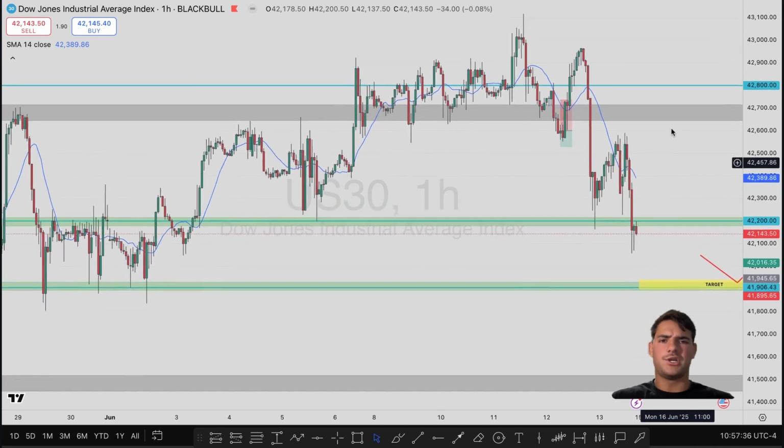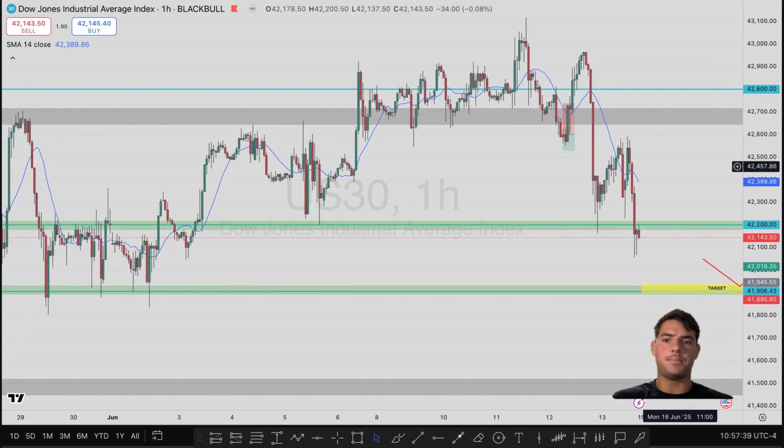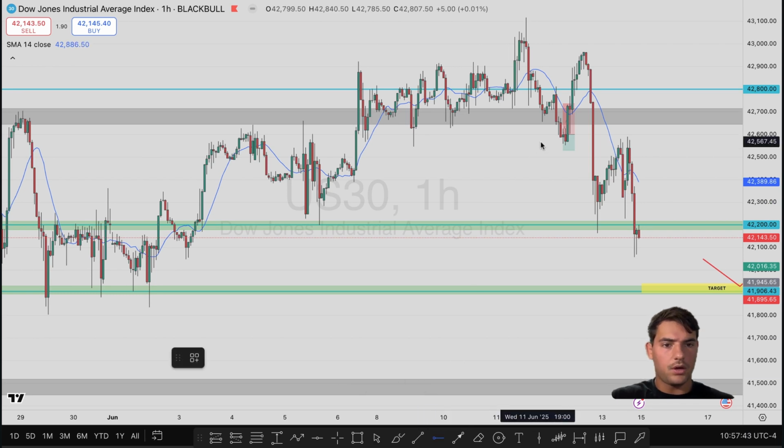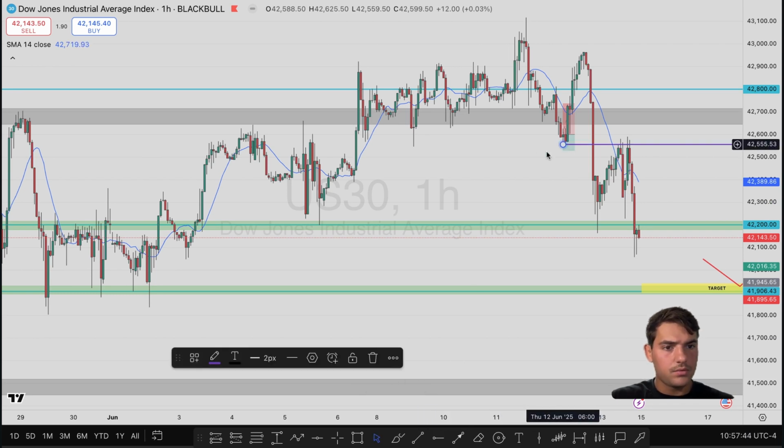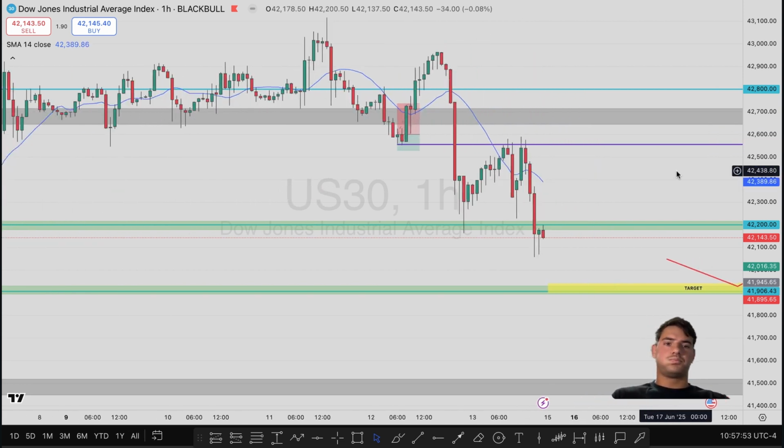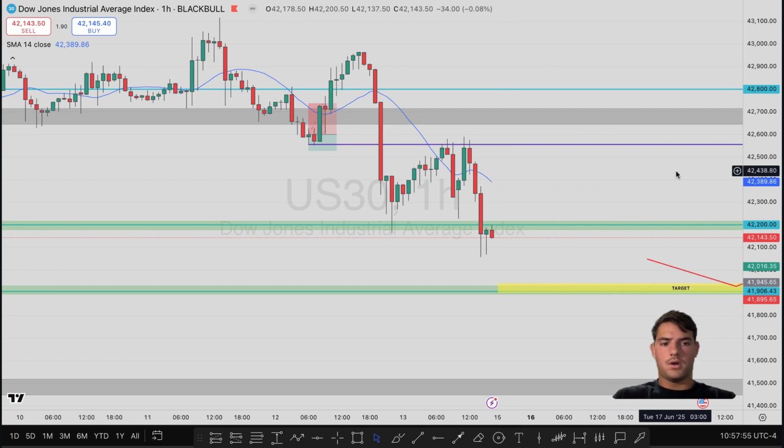Yeah, for US 30, the market's just dropping. I would wait it out, see how this plays out. You can see that this area acted as a reversal to then 2 rejections from right here. So yeah, just waiting it out.